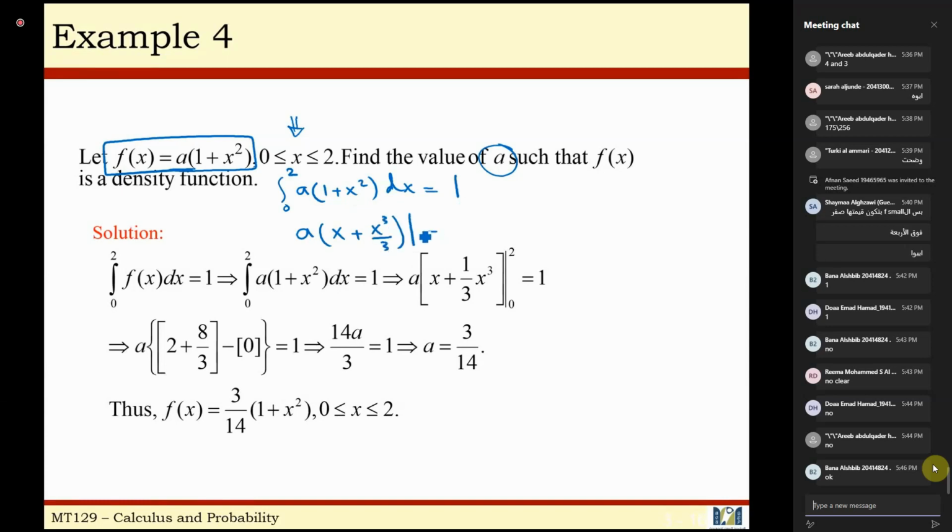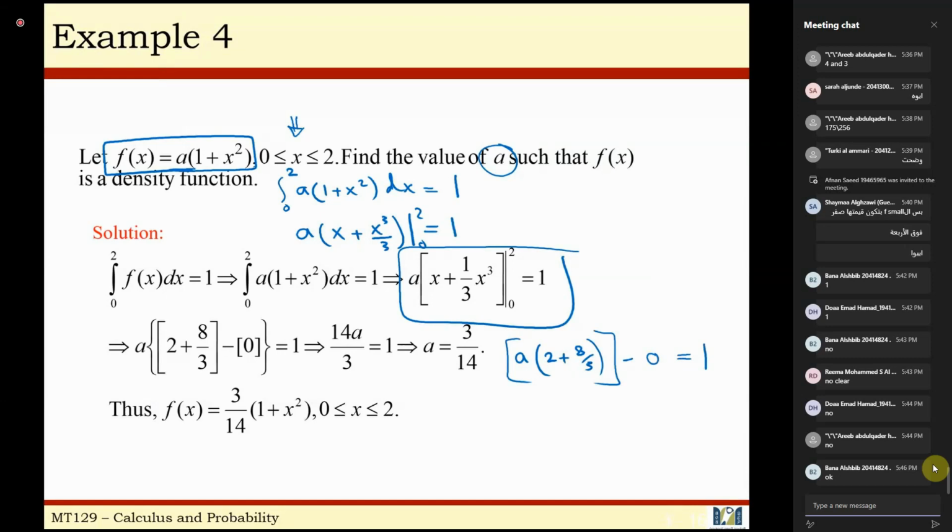After substituting 0 and 2, this must be equal to 1. After substituting 2, we have 2a plus 8 over 3, minus substituting 0, we have 0. This must be equal to 1.